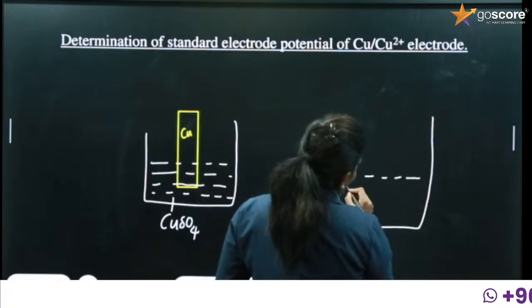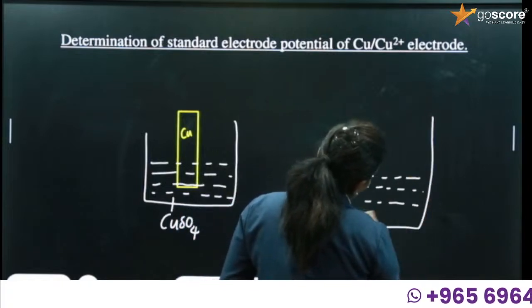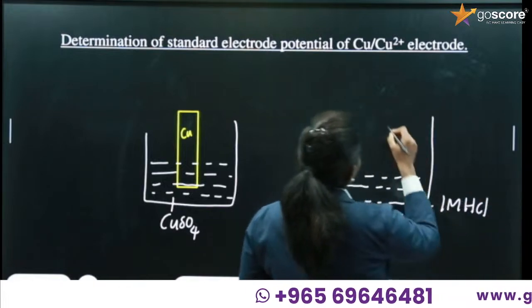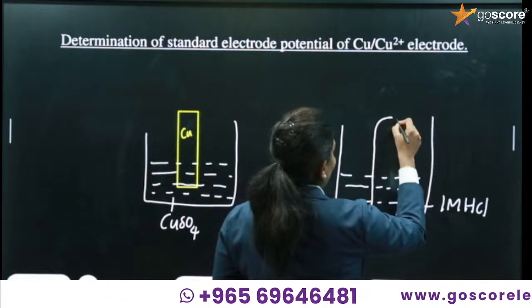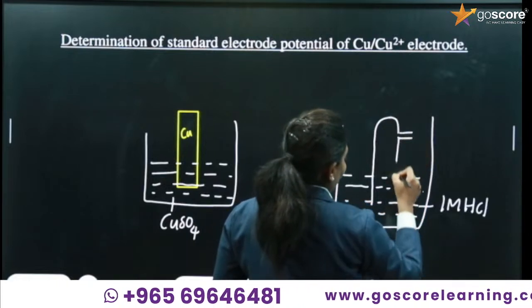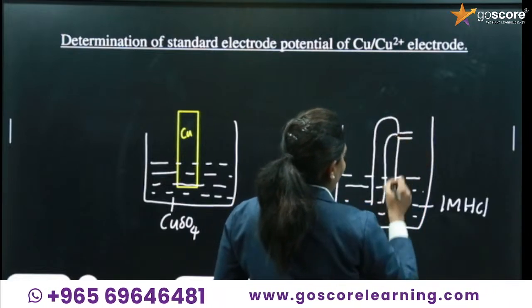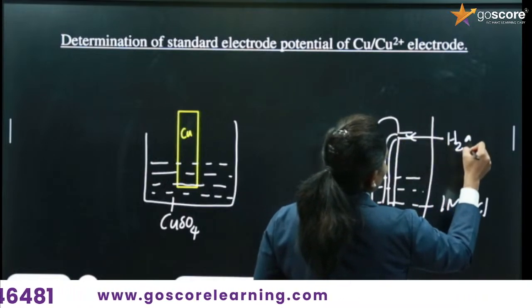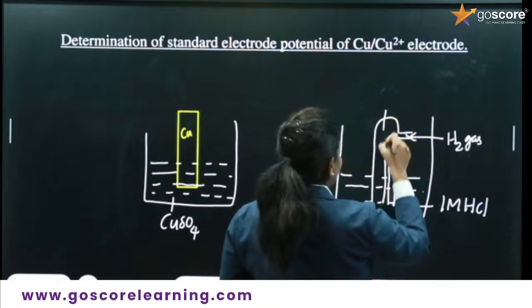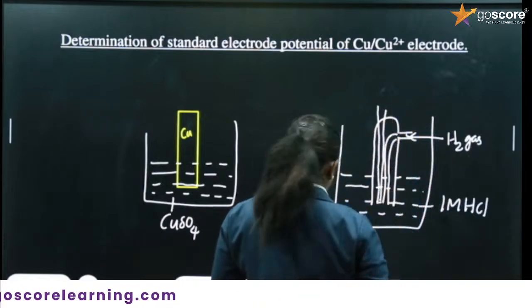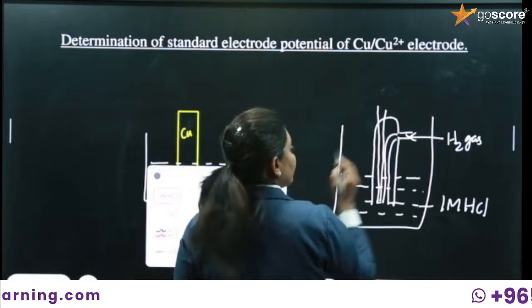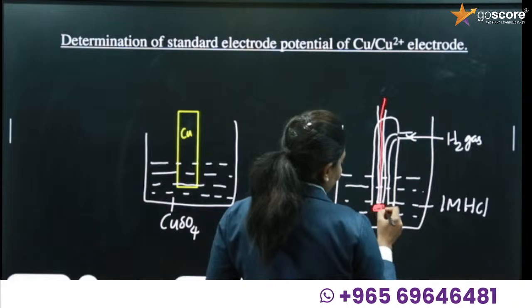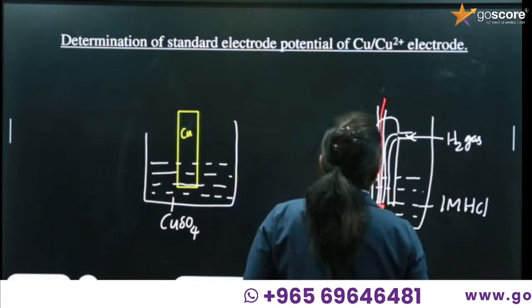In that, the liquid is 1 molar HCl, right? We're passing the hydrogen gas. The connecting wire with inert platinum at its end.